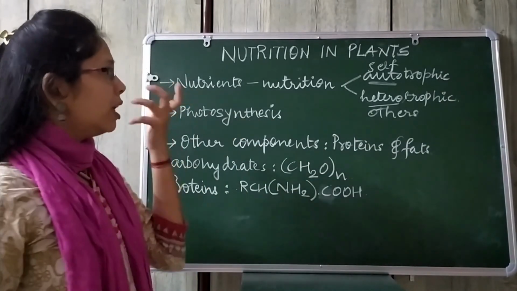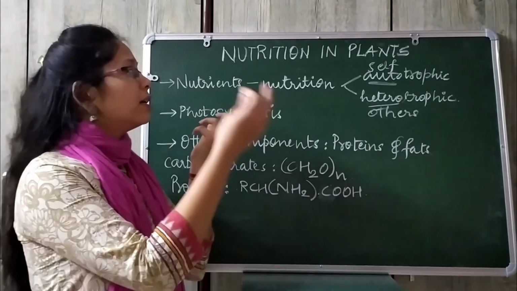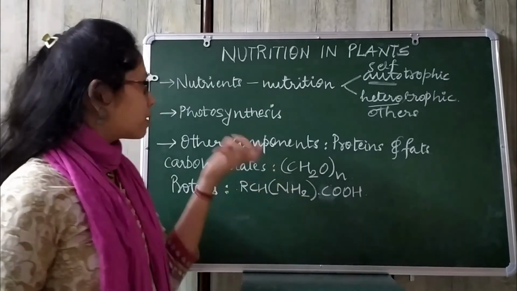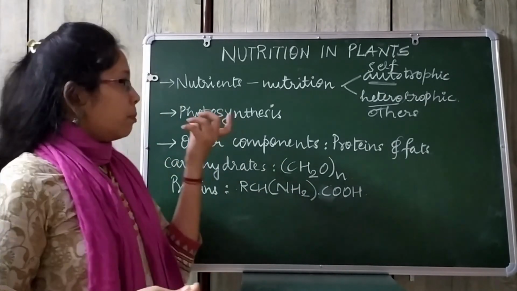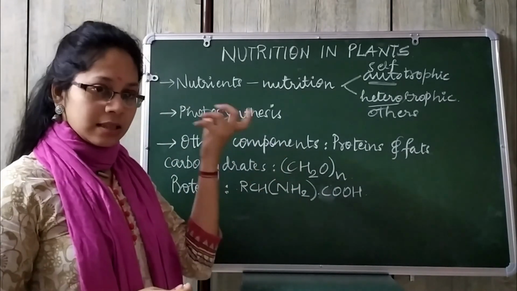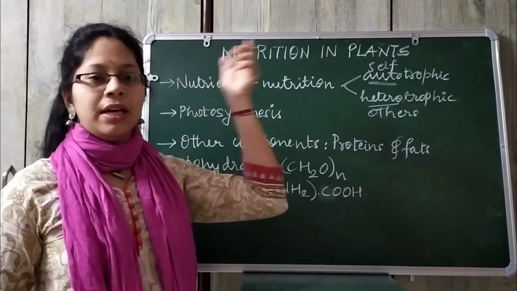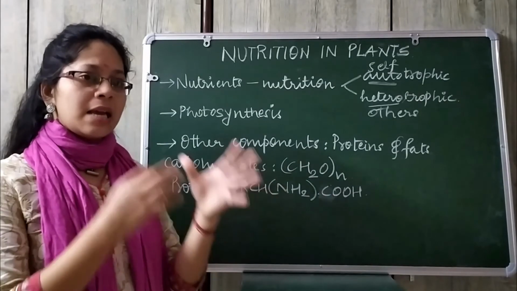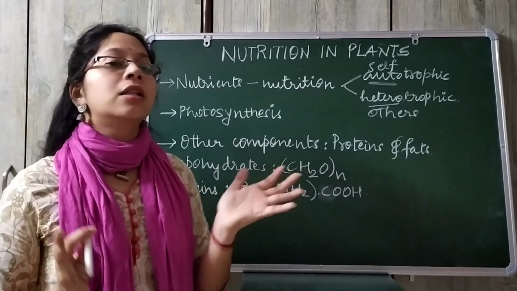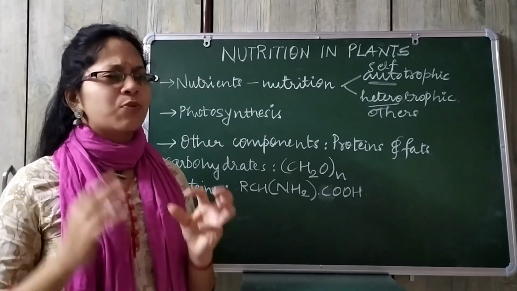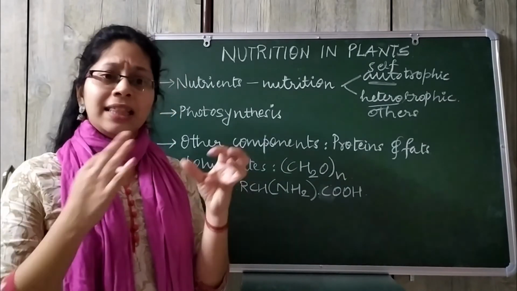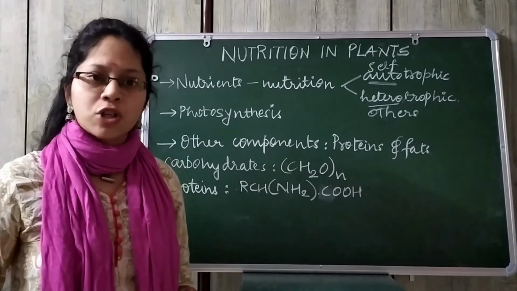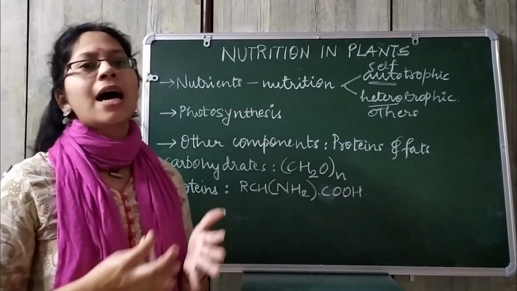Now since this chapter is related to plants, we will come to photosynthesis, because photosynthesis is a process which is taken up in plants for their nutrition. Now how? See, a plant has many parts which are specialized, created in such a way that they perform specific functions. For example, a plant has roots.